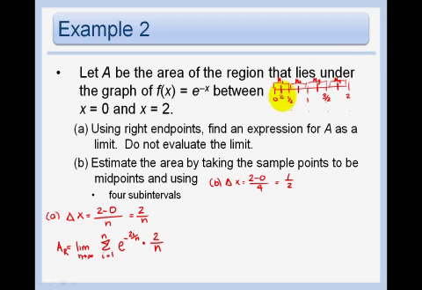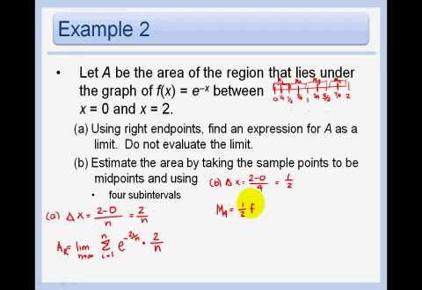And so where am I? I'm at 1/4, just splitting it in half, 3/4, 5/4, 7/4. Okay, so to get my midpoints, I'm going to do the width. And so the width of this rectangle, don't get confused, it's still 1/2.